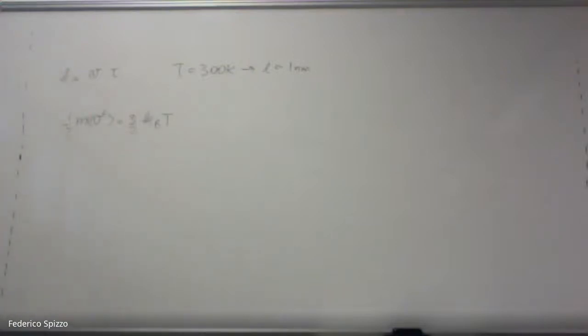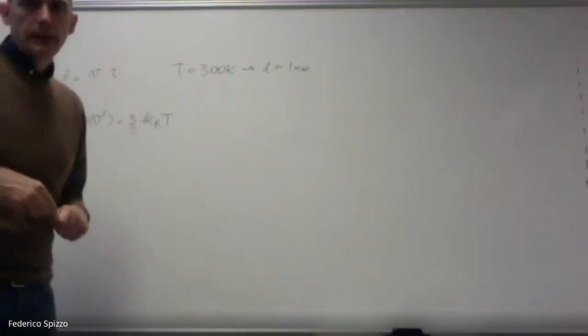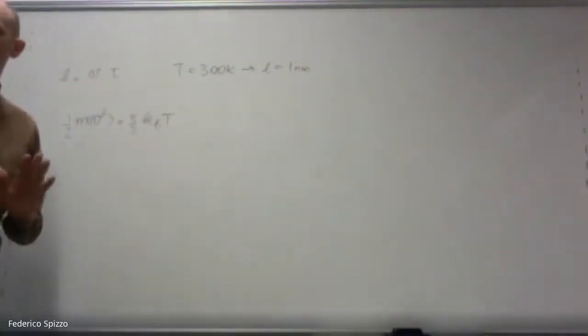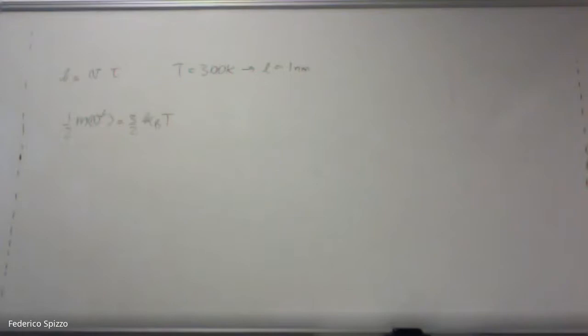This calculation is not meant to be a detailed calculation. It's just to give you an idea of the order of magnitudes and the dependence of L on T. So do not expect to obtain a number, but just a trend.